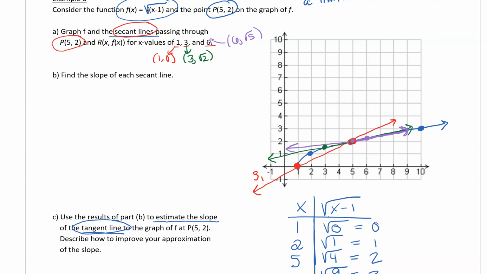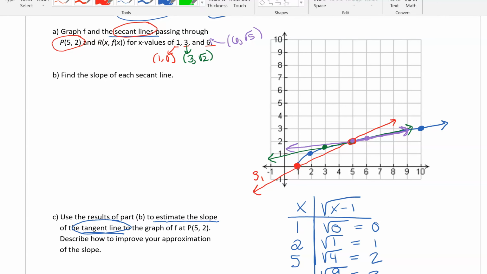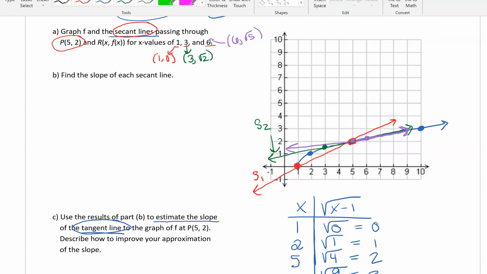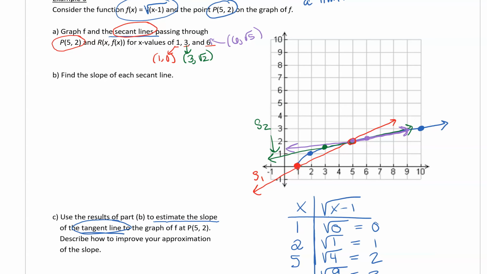So let me call the one in green my second secant line. So this one will be secant 2. And then the one at x equals 6, that's secant 3. So you can see, as I move along this curve and eventually to the right of this point in question, which was at 5, 2, my secant slopes get less and less steep.